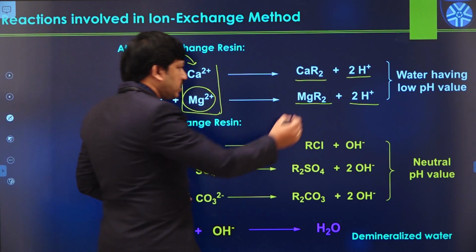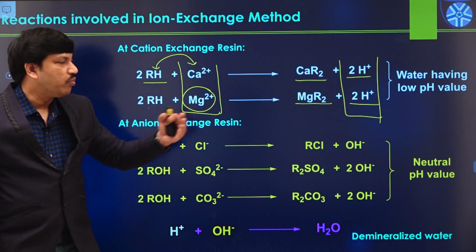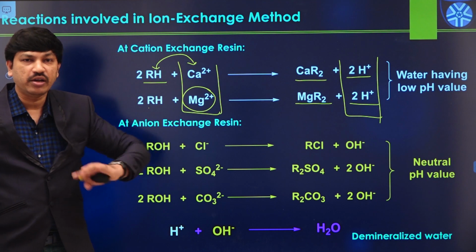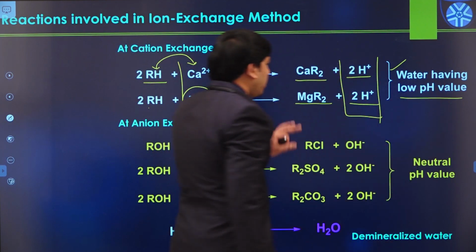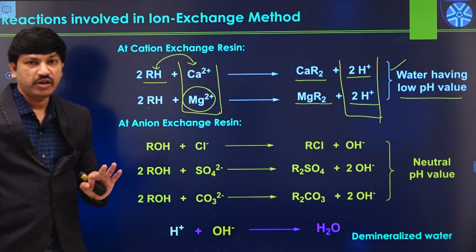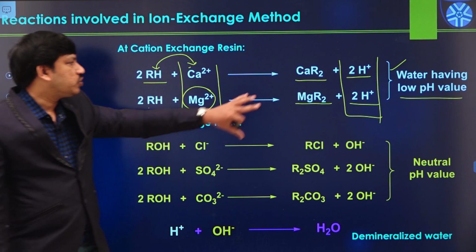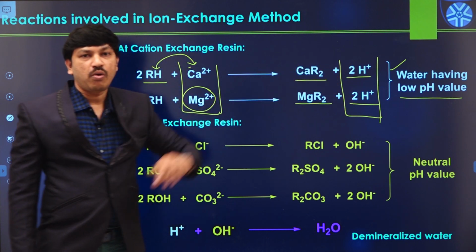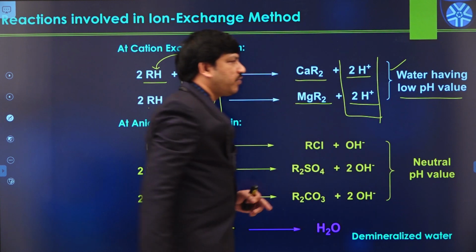So in the first step there is a release of a large number of protons into the water medium. If more protons are available in the water medium, the water pH value decreases. That is the reason the water has a low pH value in the first stage. Once we send hard water into the cation exchange resin, all cations are removed. The resin takes the calcium and magnesium ions and releases protons into the water medium, so the water pH value decreases in the first step.